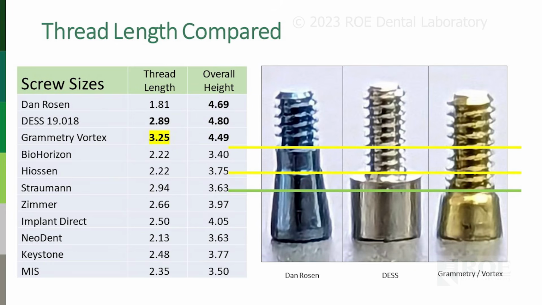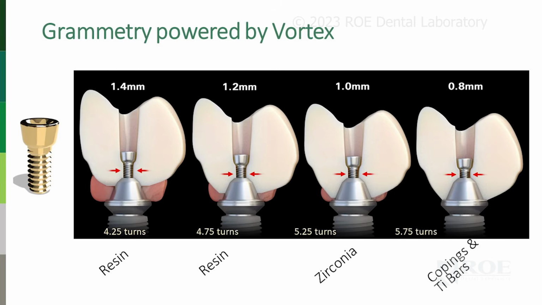The nice thing about the Grammetry screw is that it's the longest thread out there, and depending on whether you're using resin, zirconia, or titanium, you can raise or lower the head. If you're in resin, you want the screw to be tall, with a lot of material under here.